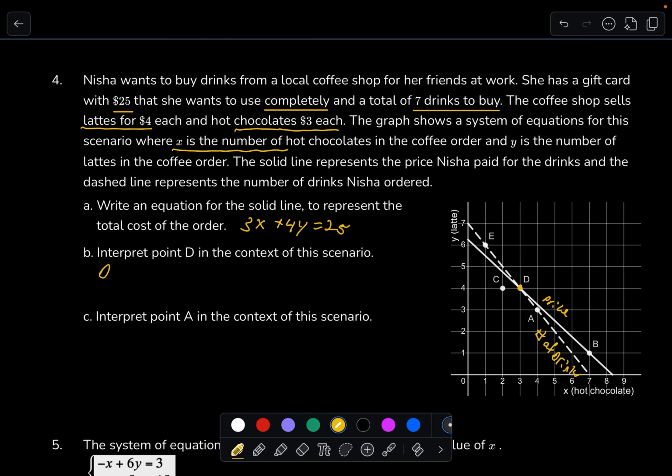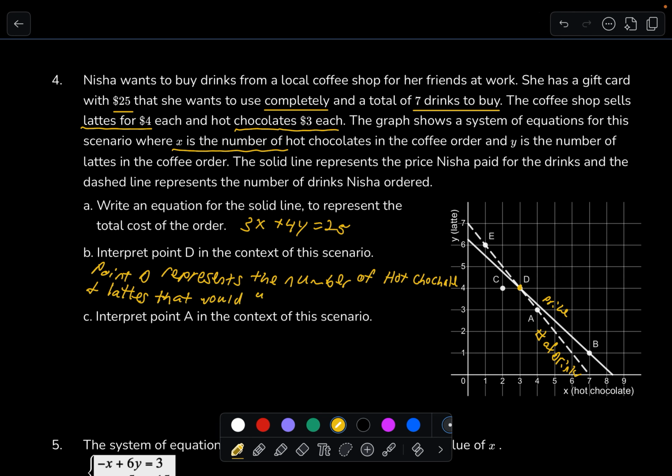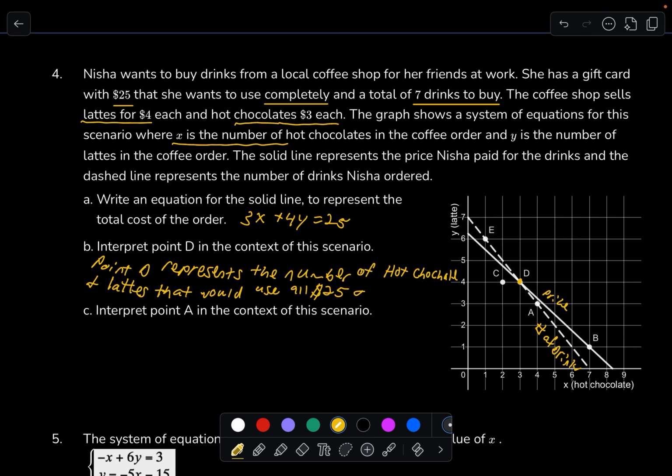So point D represents the number of drinks of hot chocolate and lattes that would use all $25, that's the solid line, and buy 7 drinks. I can't even spell. Drinks, drinks.